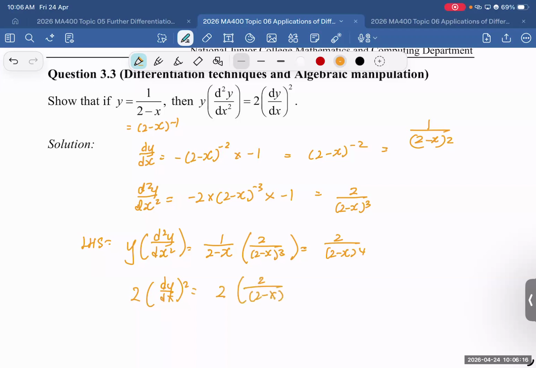Does it not tally? No, I did it wrongly. Sorry. You can see the left and the right are equal.